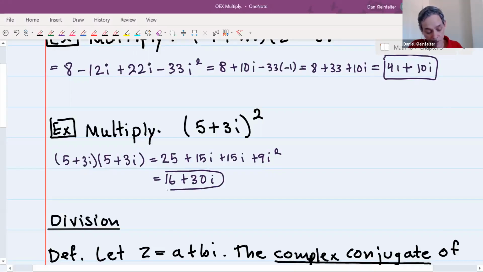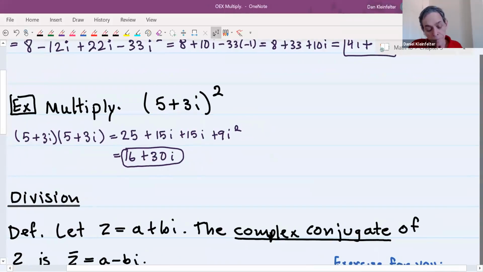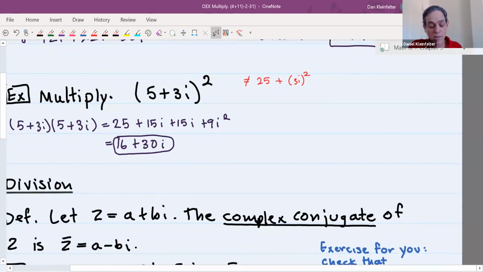Okay, this time it was our third one, so I skipped a little of the steps. If you have a question on that, though, let me know. One other thing worth mentioning here is that this thing was not equal to 25 plus 9i squared. You can't just go through and square the 5 and the 3i. We had to multiply those out using FOIL or some other method like the distributive property.